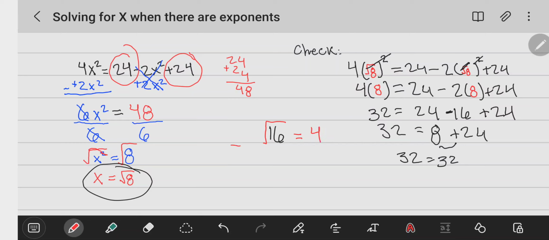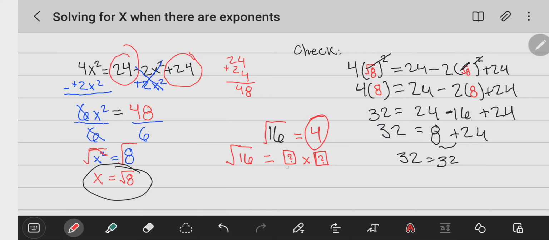Because radical 16 is telling me, hey, what number times itself, right, equals 16. We know that 1 times 1 is 1, 2 times 2 is 4, 3 times 3 is 9, so the next number is 4 times 4, and that equals 16. So that's why it would be 4.